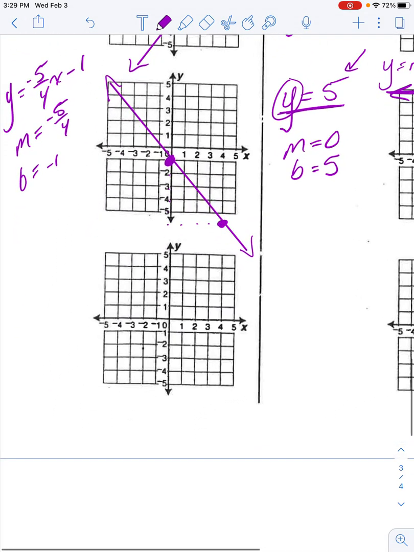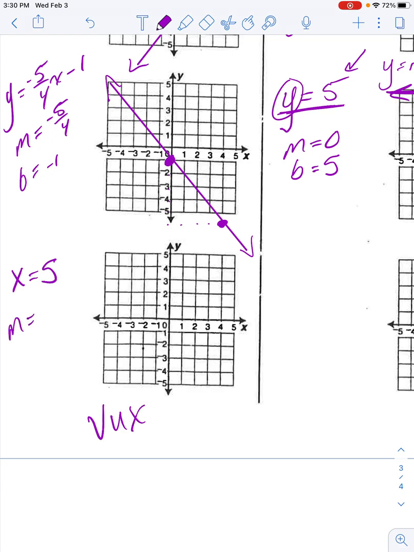Now let's think about the opposite. What if it said x equals 5? Okay. X, which would be the VUX, V-U-X, okay?